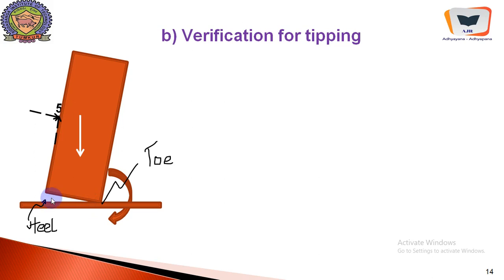Therefore, there won't be any reactions offered by the floor because there is no contact at all. But these forces will be there because they are the causative forces. And the restoration, if at all it is not rotating, should be done by this particular force, because this is generating anticlockwise moment, and this is generating clockwise moment.